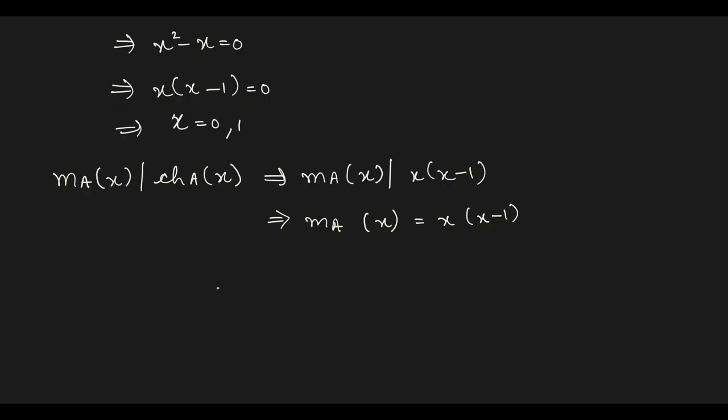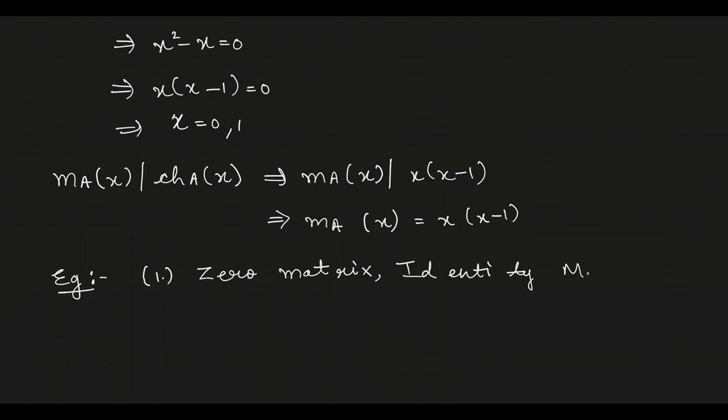So let us see some examples of idempotent matrix. Zero matrix, identity matrix, 1 0 0 0, and this matrix 0 0 0 1.